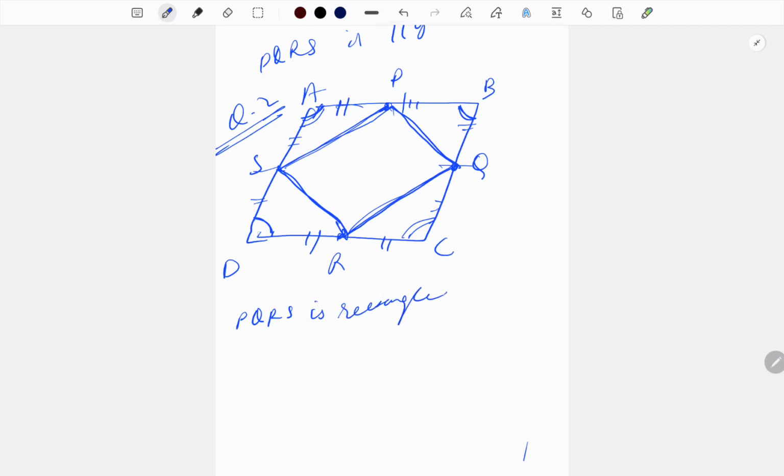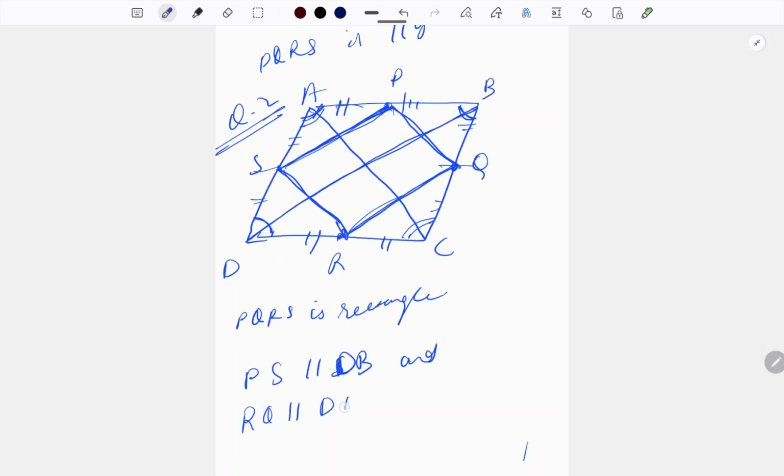Again, if we join this and this, PS will become parallel to DB, as in the previous question, and RQ will become parallel to DB. Therefore, PS will be parallel to RQ.